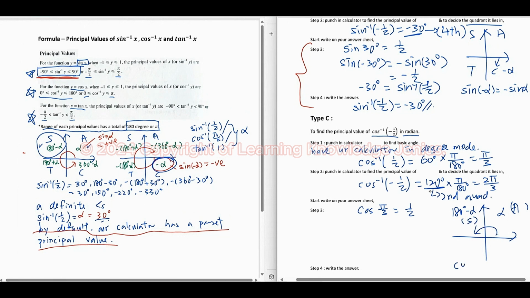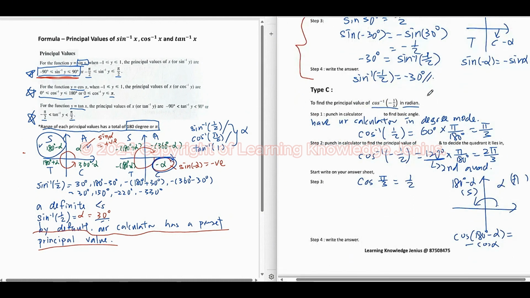So that's why for cosine, 180 minus alpha is equal to negative cosine alpha. So you can write here in radian mode, pi minus the basic angle pi over 3 is equal to negative cosine pi over 3.